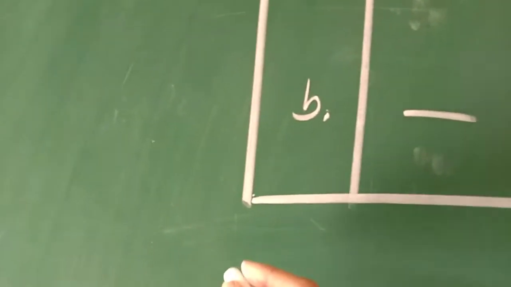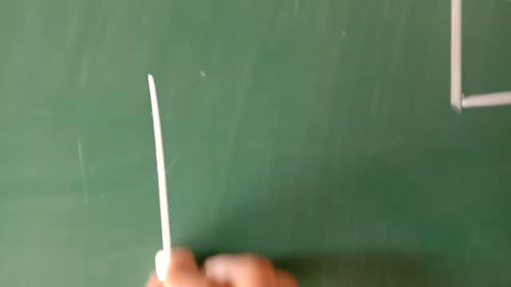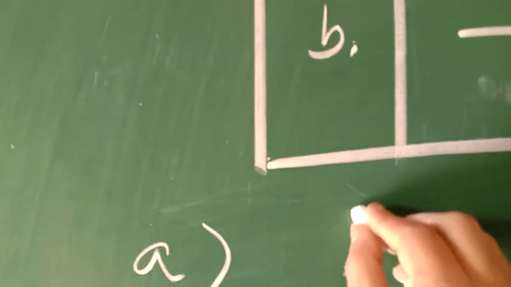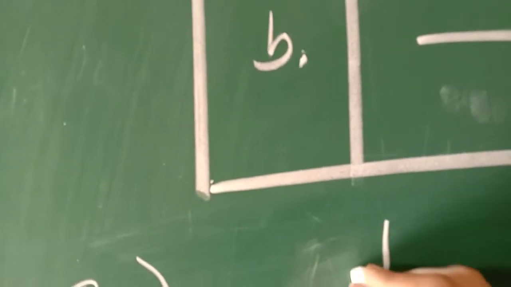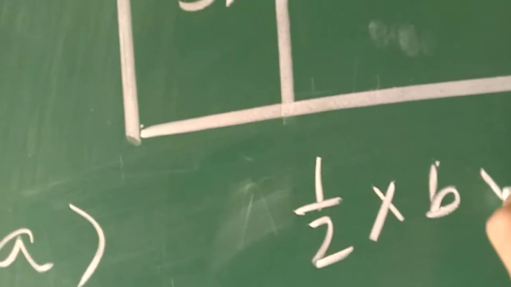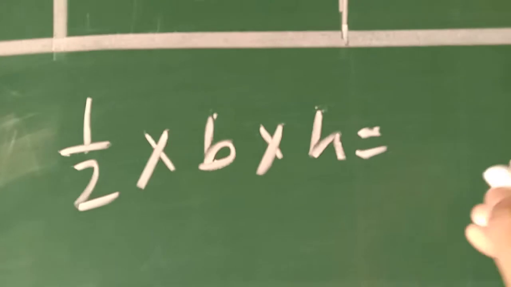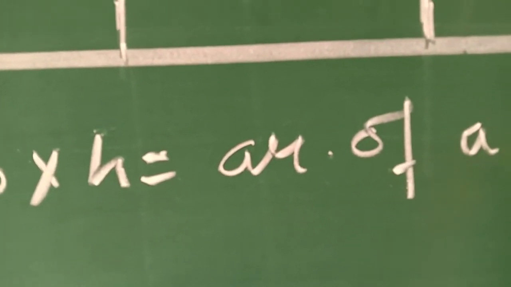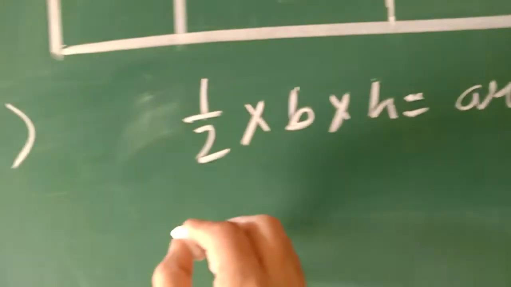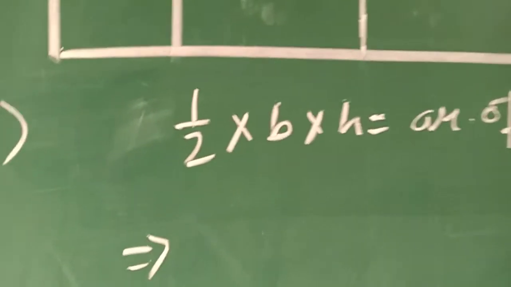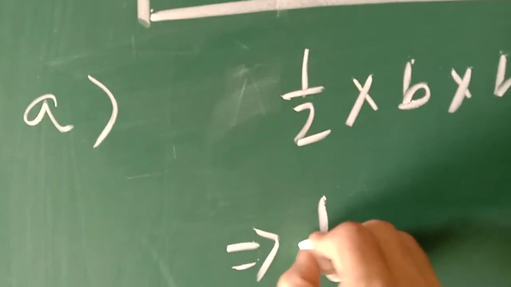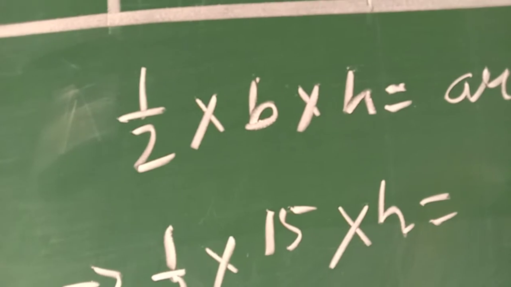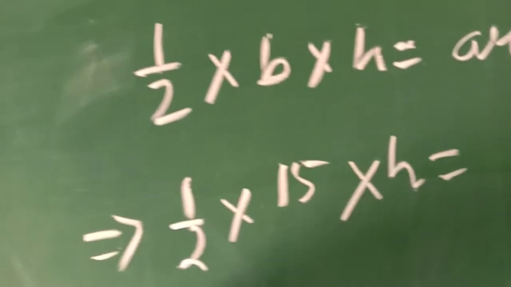Next question. To solve these sums, question number A, you know that area of a triangle is equal to half into base into height. So put the value, every value you have to put. Half into base 15, height we don't know, area 87.